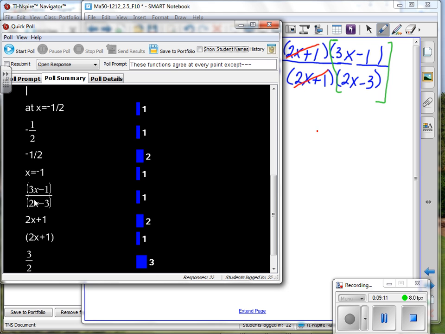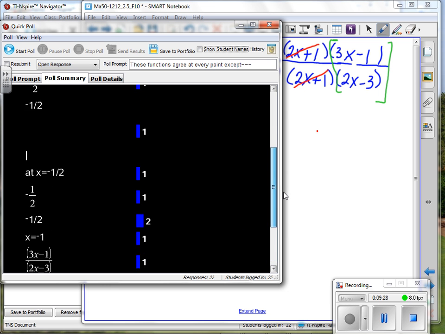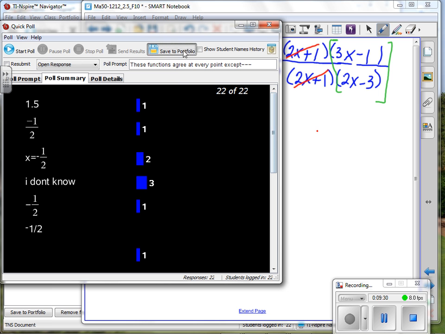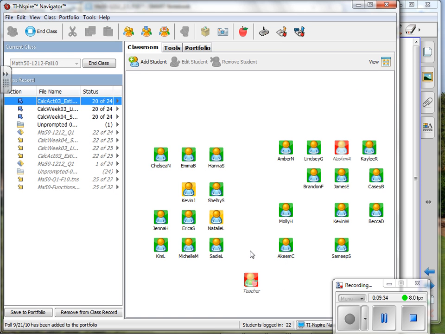This is your new function now that we've talked about that. I'm asking at what point, and these would not be points, these would be expressions, but you're on the right track. Okay. Negative 1 1/2, and I don't think that would be correct on that one. Okay, we'll just save that to the portfolio and go on.